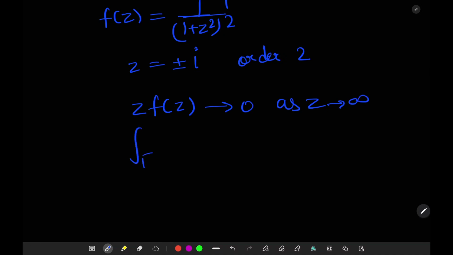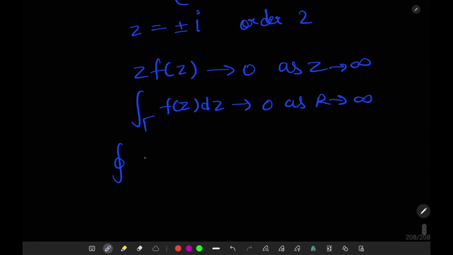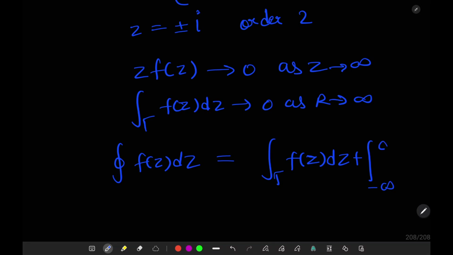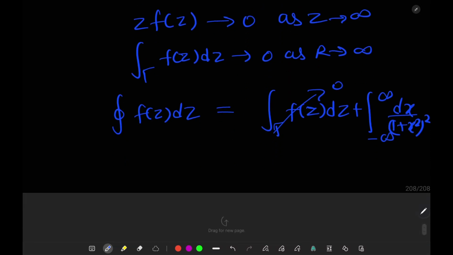So the integral of f(z) dz over the semicircle tends to 0 as r tends to infinity. So the integral of f(z) dz is equal to the integral from minus infinity to plus infinity of dx divided by (1 plus x square) whole square plus this term, which becomes 0 as r tends to infinity.